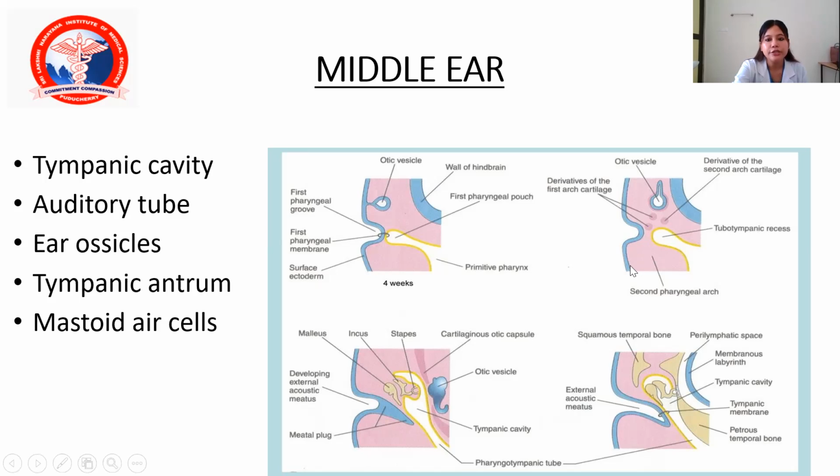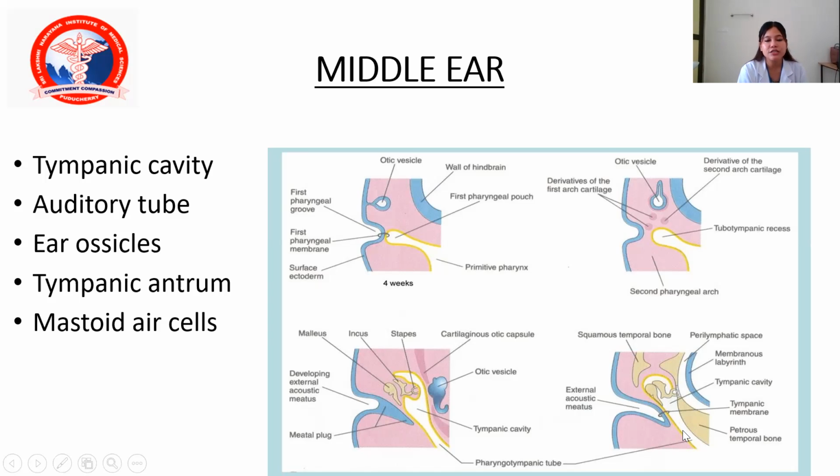Now the tubotympanic recess, the distal widened portion, can you see it here? The distal widened portion forms the tympanic cavity. The narrow proximal portion, can you see it?